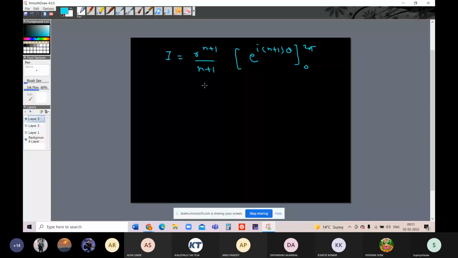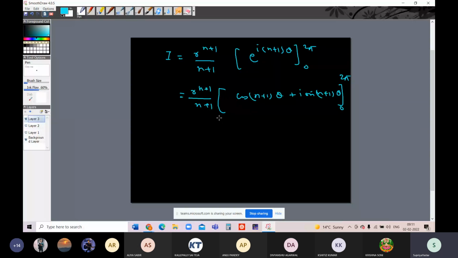Its value will be e^(2 pi i (n+1)), which is 1, so please check this, and n+1. This can also be written as cos((n+1) theta) plus i sin((n+1) theta) from 0 to 2 pi.